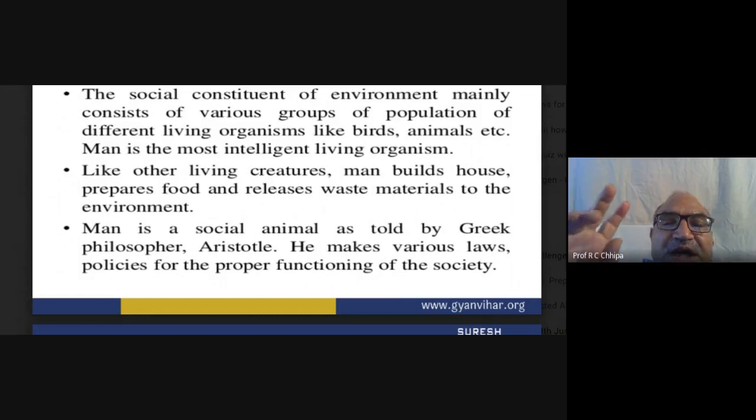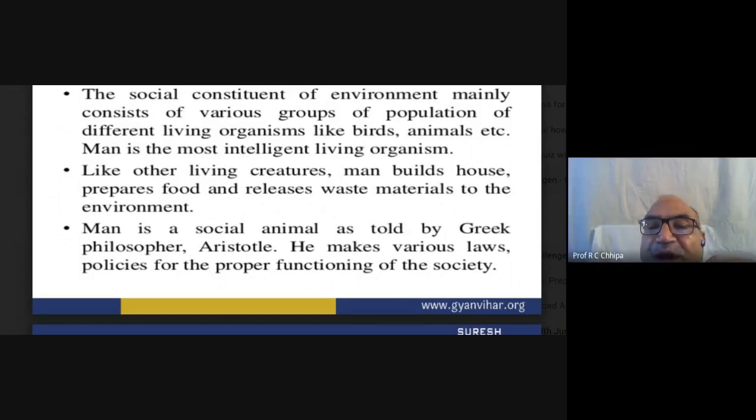But more intelligent is the human being. How? Because he controls so many living organisms, so many animals, so many plants: how we can grow the plants, how we can breed the animals. This is the part of a very intelligent human being.